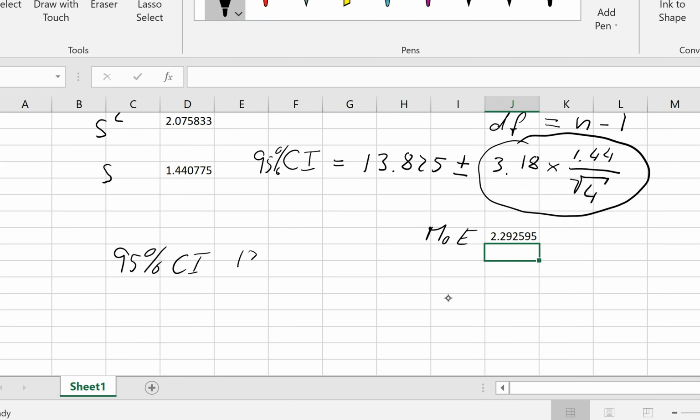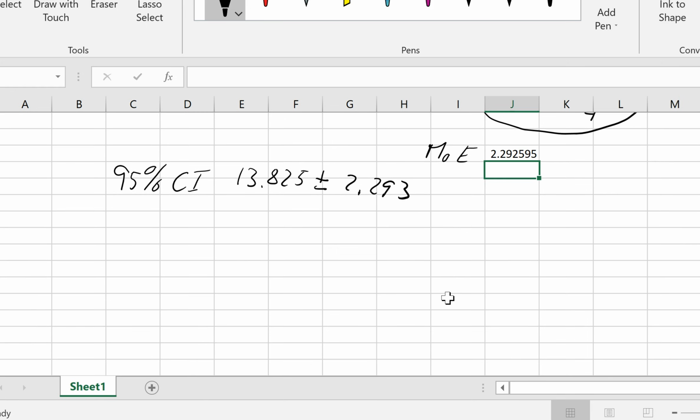And what we can do now is we can say our 95% confidence interval is 13.825 plus minus 2.293. And of course we can calculate what is generally known as an upper and a lower bound.